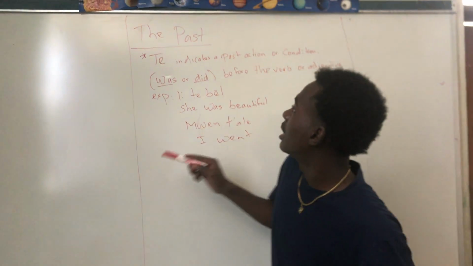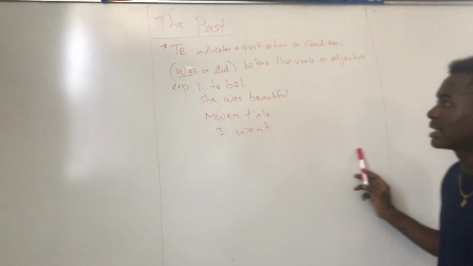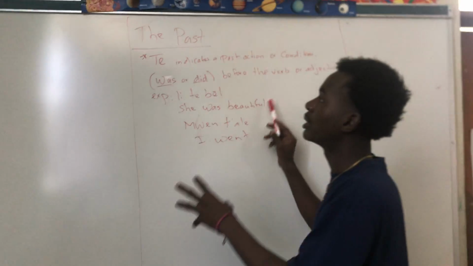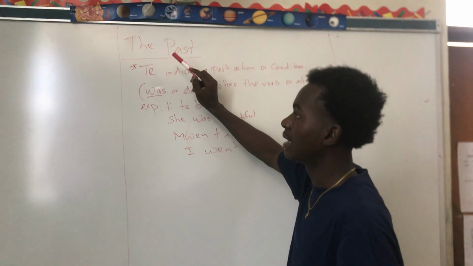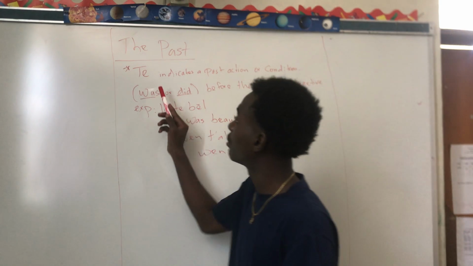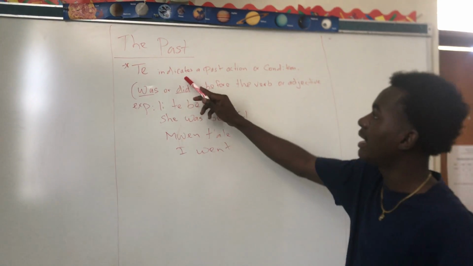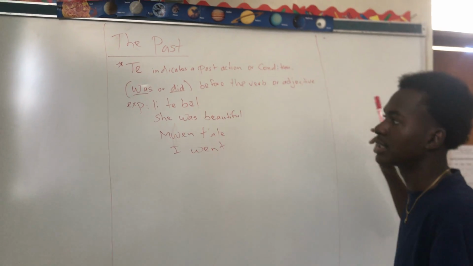Okay, the past tense in Haitian Creole. There's going to be more to it, but it is kind of simple. We have one little word, which is te. It indicates a past action or a condition.